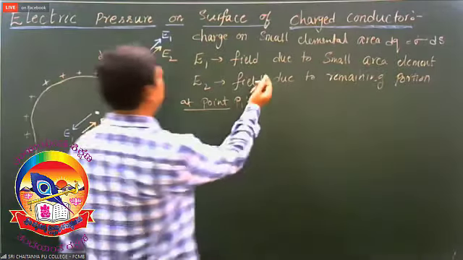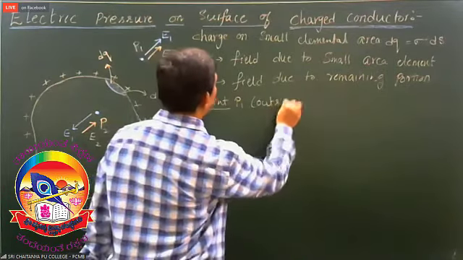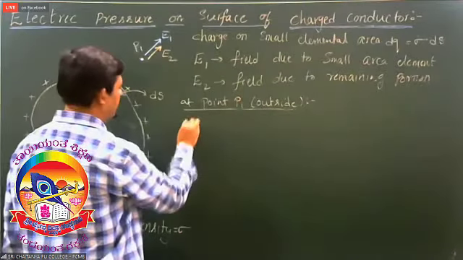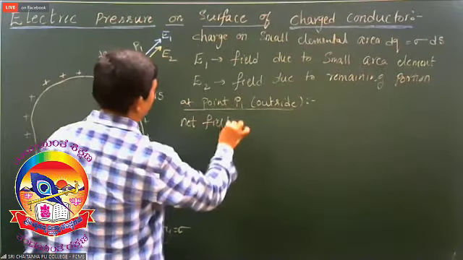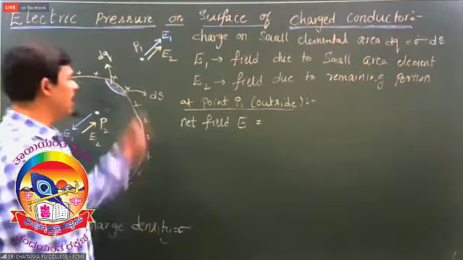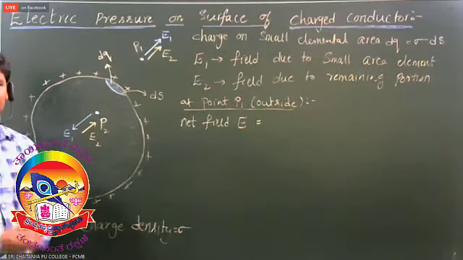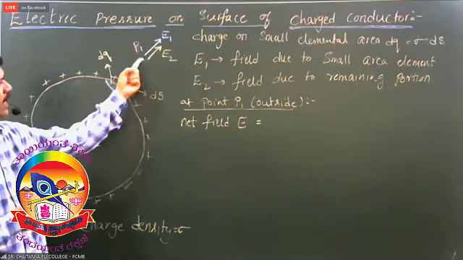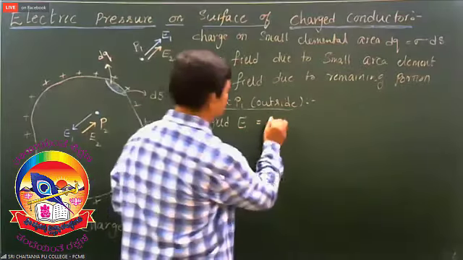At point P1, outside, the net field E outside of the conductor, we know is sigma by epsilon naught. Already we derived for any shaped conductor, the field at an outside point is sigma by epsilon naught. So can I write sigma by epsilon naught?